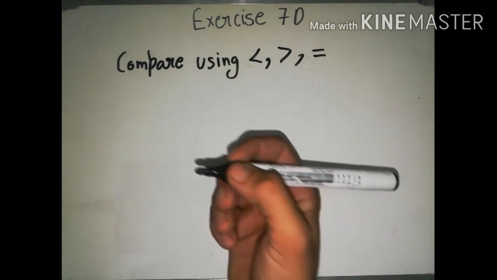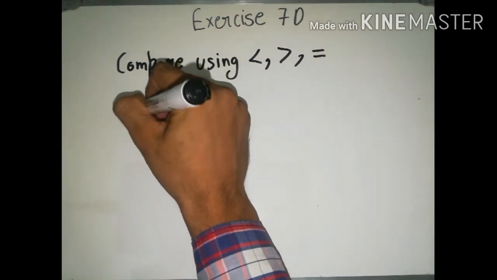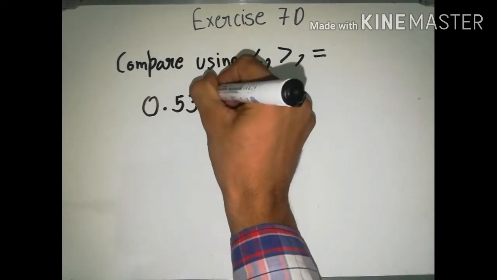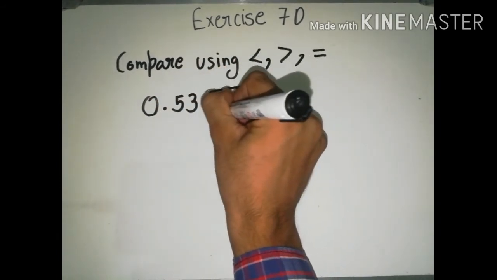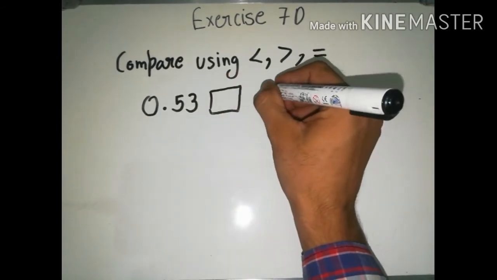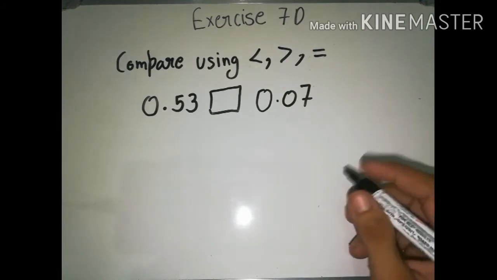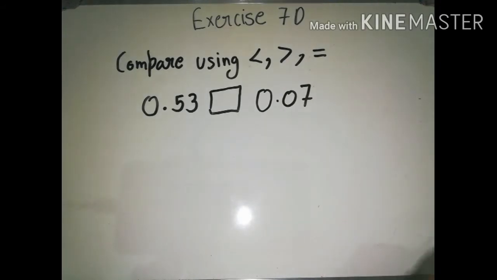So I am taking any simple questions. 0.53 we have to compare with 0.07. Okay, comparing decimals is a very simple task.